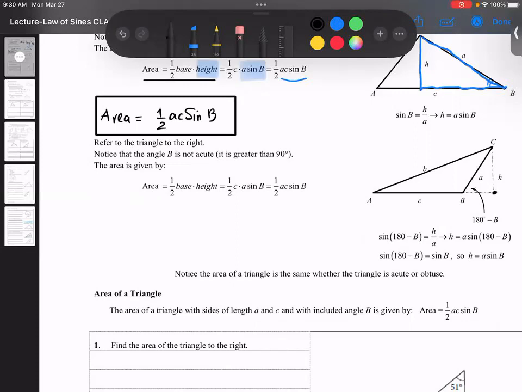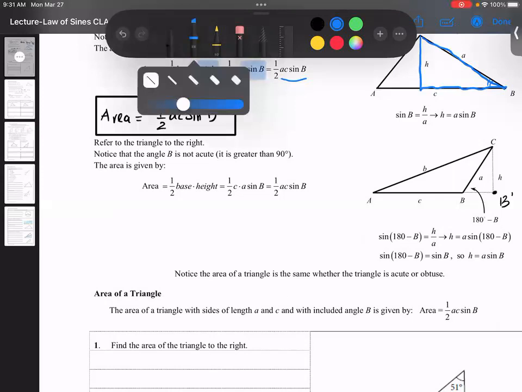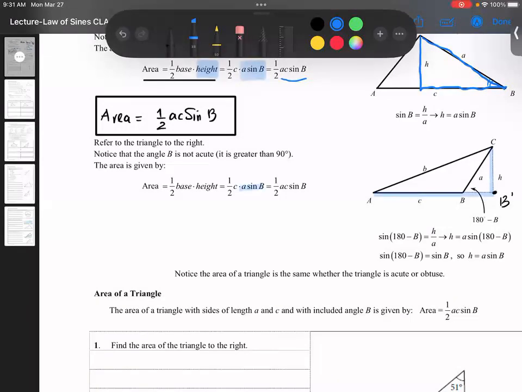We can call it B prime if we want. We don't have to. So there's your height H, and your base is C, or C plus a little extra bit. So area equals 1/2 base times height, which is C times H. But H, we're going to replace with something else.